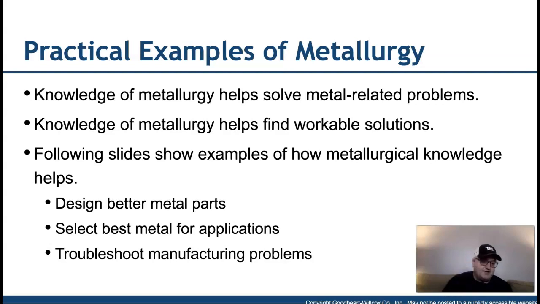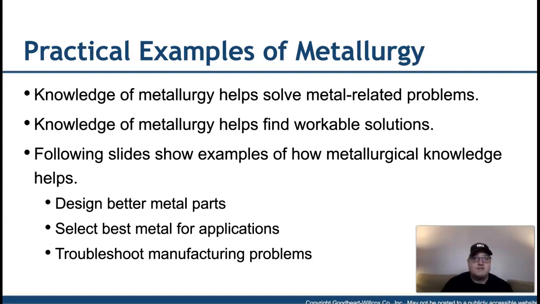Well, if you've got a drive shaft, what are the metals that would work best for a drive shaft? If you're in a situation where you've got moving parts, like in a camshaft or in a combustion engine that's going to be handling high stress and high temperatures, what type of metals will work best under that environment?